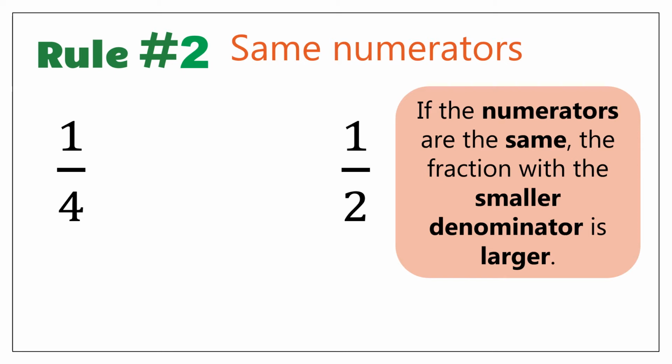So we will look at the denominator which is the smaller value. So 4 and 2, the smaller number here is 2. So that means 1/2 is the larger value. So we can say that 1/4 is less than 1/2.